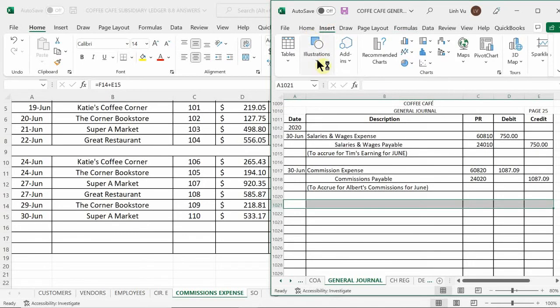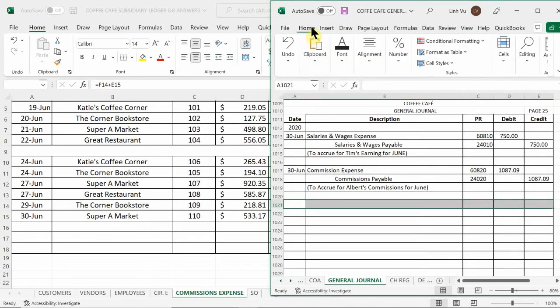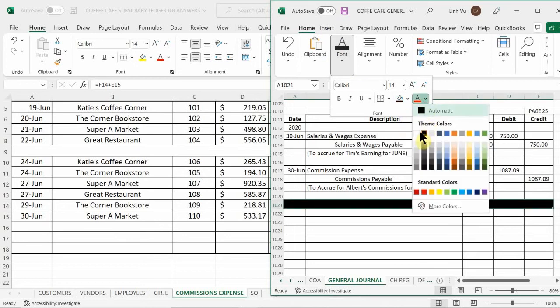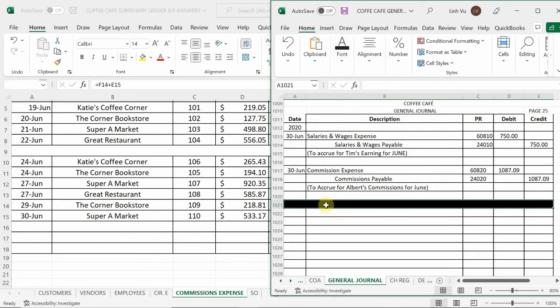But in this case, I believe I won't be needing my subsidiary ledger anymore, because I am pretty much done. And this is the adjusted trial balance. So, file save.